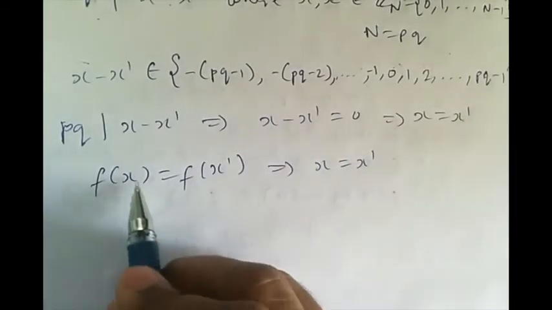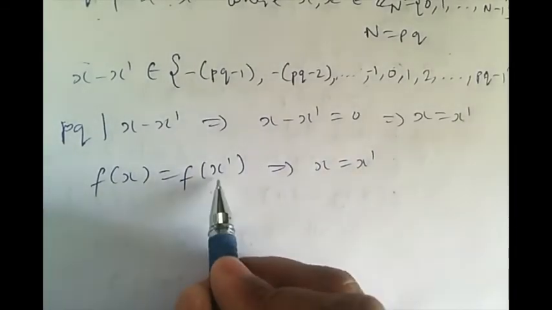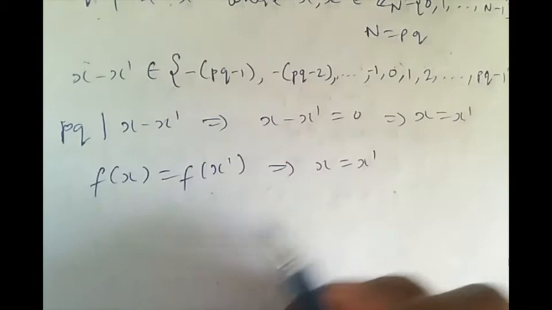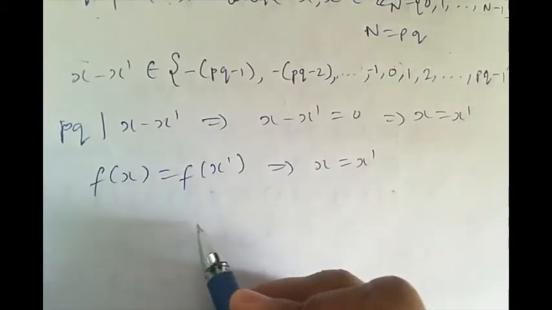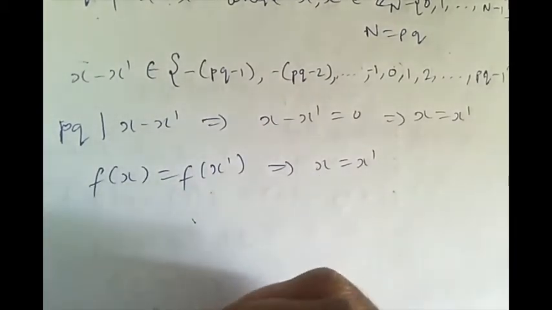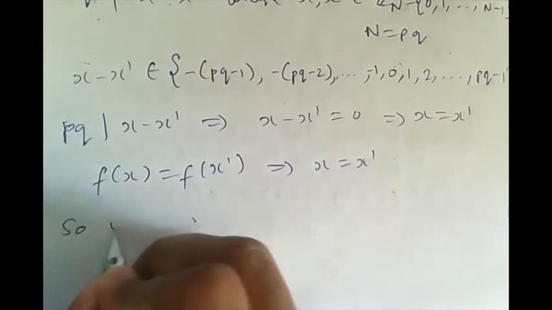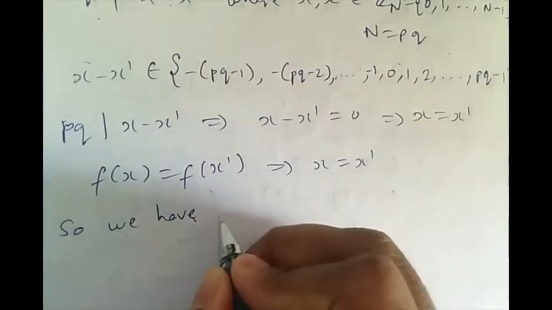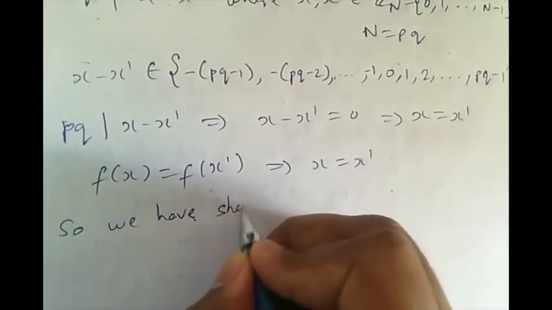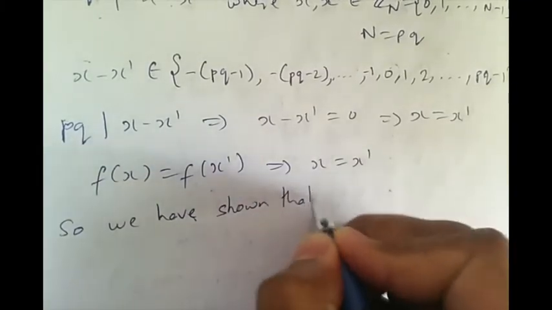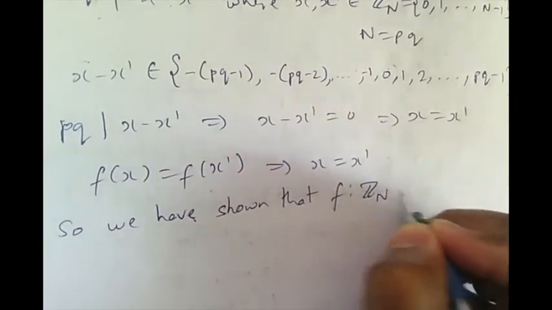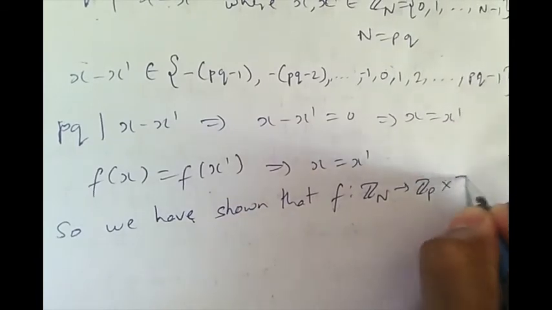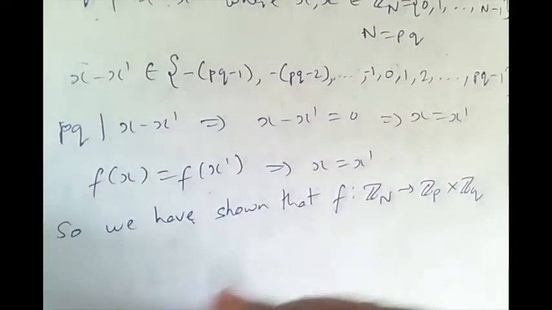We started with x mod p, x mod q equals x prime mod p, x prime mod q, and then we got that x should be equal to x prime. So we have shown that f from Zn to Zp cross Zq is 1 to 1.